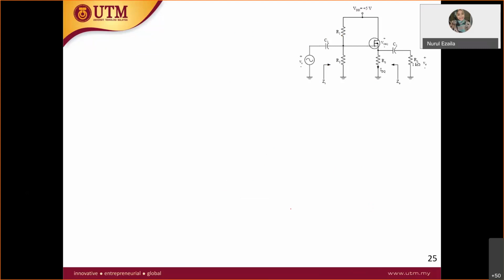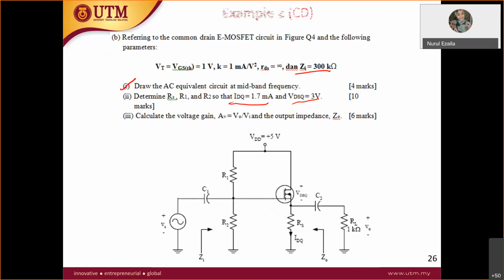I will put this question as one of the tutorial questions. We will discuss it in the tutorial. But this one is for the DC. Of course, your tutorial will be part 1 DC, part 2 AC. I don't want to mix DC and AC. This one can be solved using DC analysis.